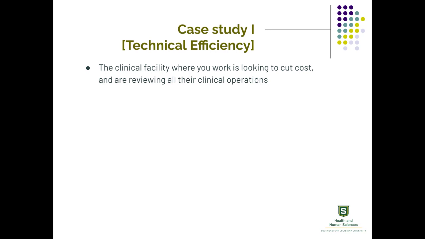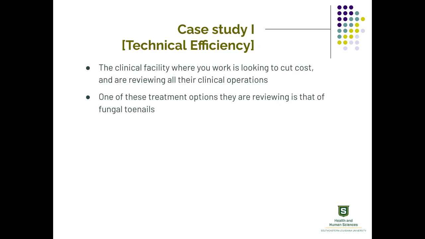And one of the things they're doing in determining where to cut costs is reviewing their clinical operations. One of the clinical operations where they are thinking of cutting costs is treatment options for fungal toenails, right? And they have 4 treatment options.